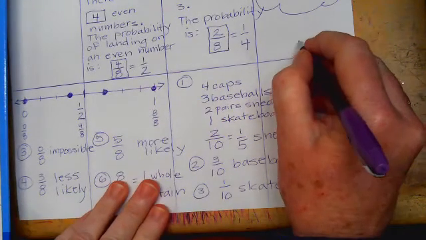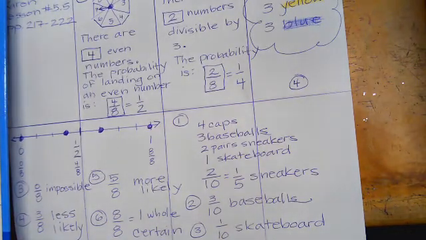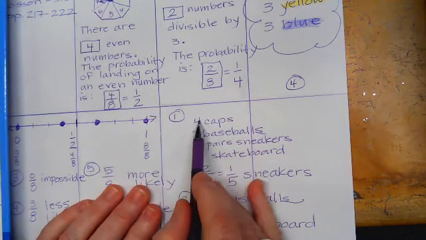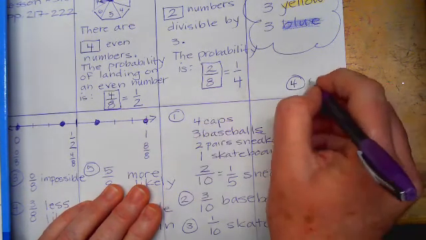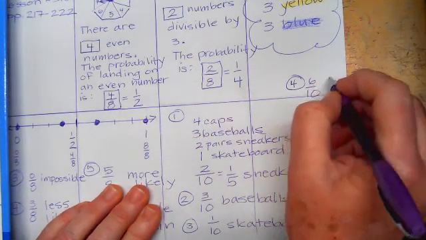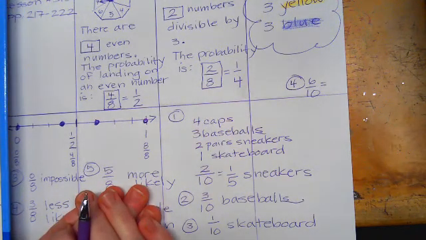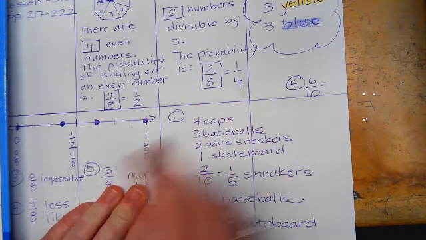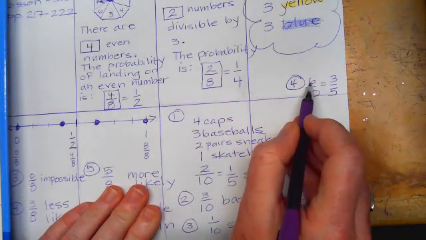Okay, so we're still on this same problem, but we're going to flip over to the next page. The probability of getting a cap or a pair of sneakers. Let's do 4 up here so we don't have to flip sides. So getting a cap or sneakers, there's 4 caps, there's 2 sneakers, 4 plus 2 is 6 out of 10. And then we can reduce that.